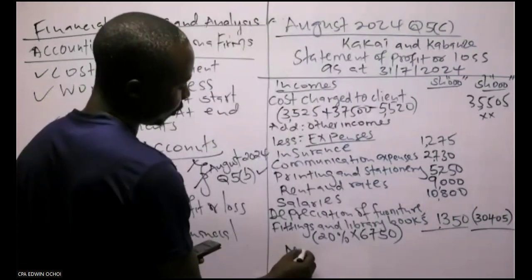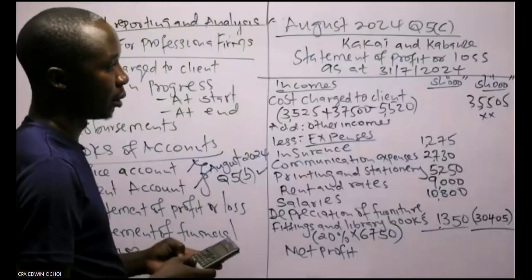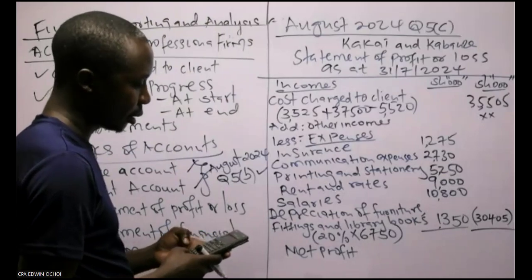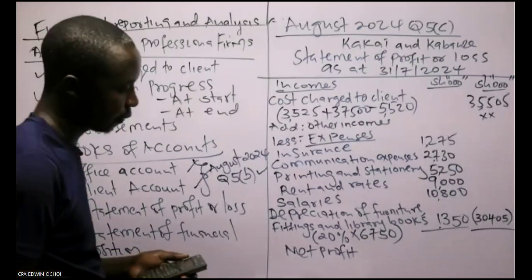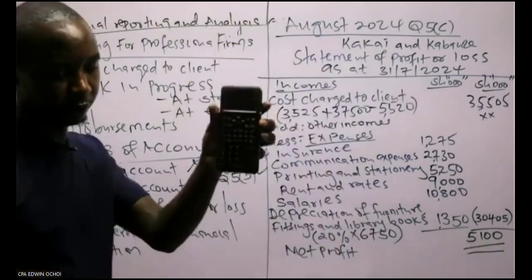So that we have a net profit of 35505 minus the answer. Use your calculator as well. That is 5,100. That is what I have from my end.